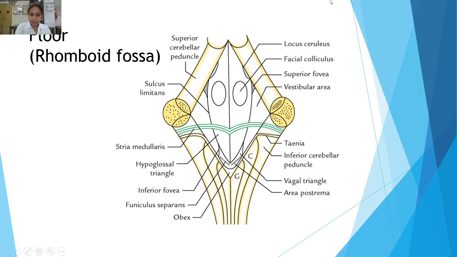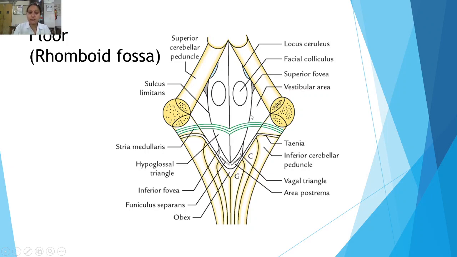Sulcus limitans at its upper end encloses a small depression known as the superior fovea, and at its lower end it has a small depression, the inferior fovea. Lateral to sulcus limitans, a large area is known as the vestibular area.